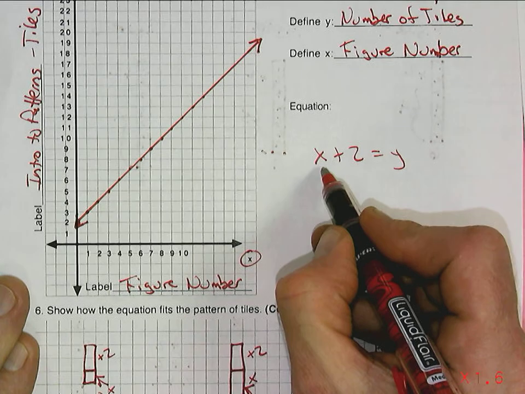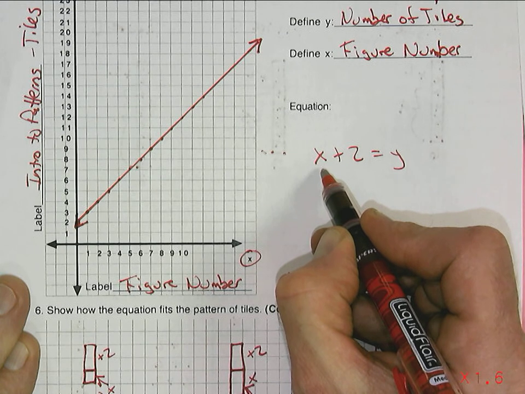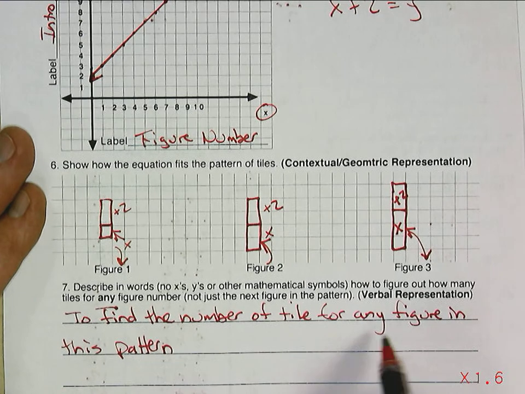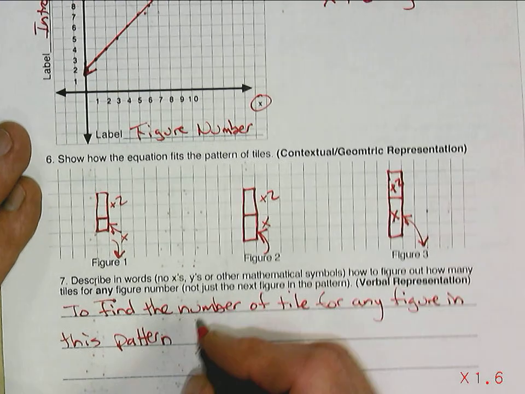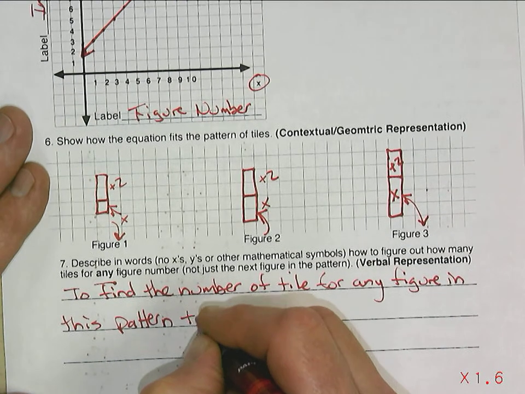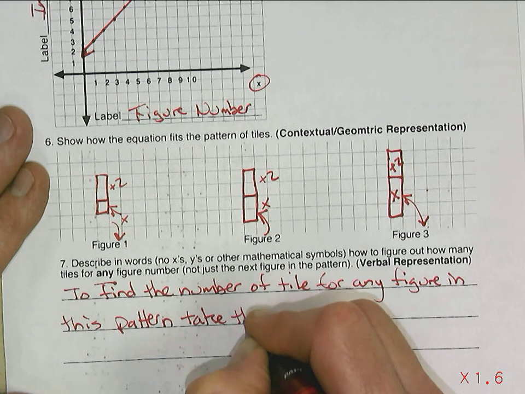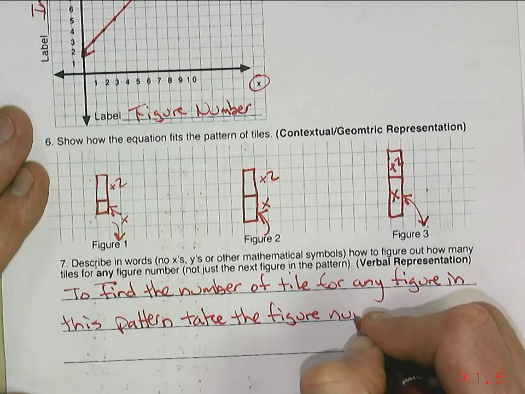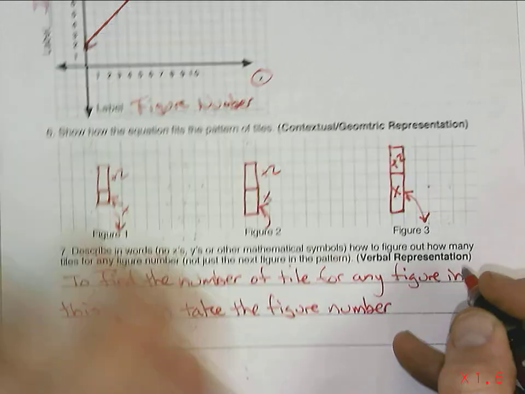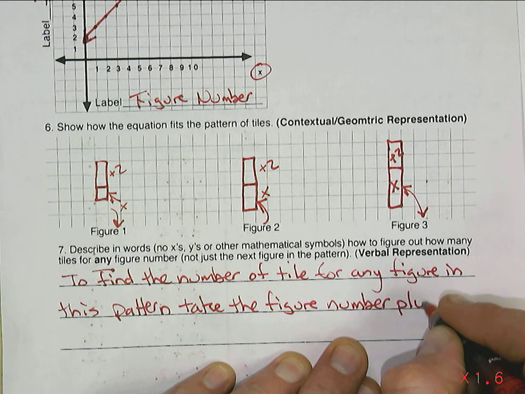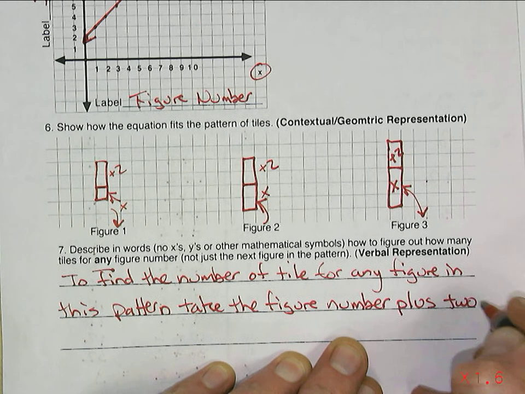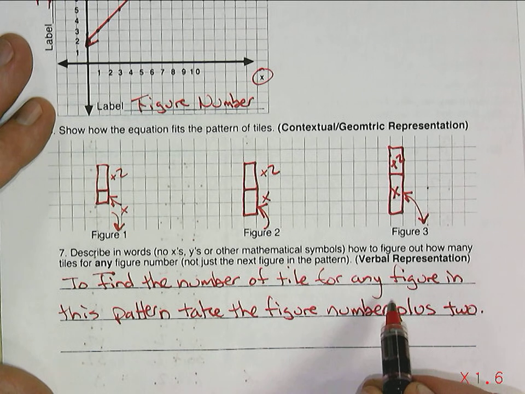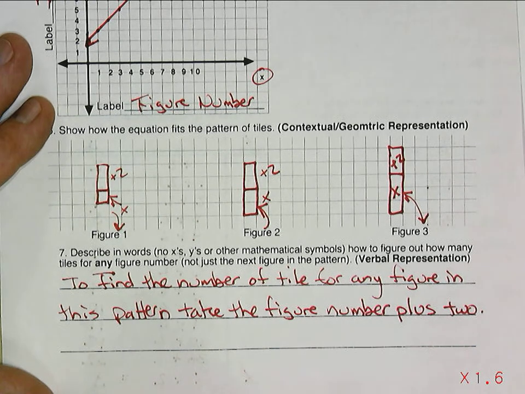It says take the figure number, which is what x represents, and add 2. So to find the number of tiles for any figure in this pattern, take the figure number plus 2. And so now I could describe in words how to find the number of tiles for any figure.